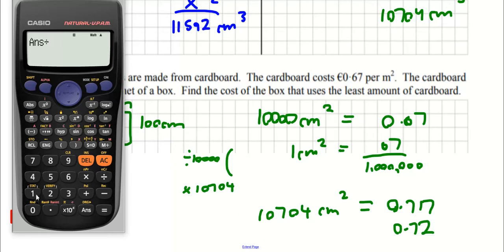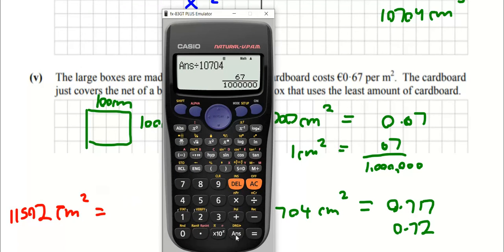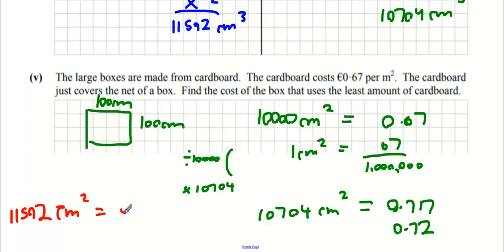I'm going to divide this by 10,704. That tells me the cost of 1 centimeter squared. Now I'm going to multiply by 11,592 here, equals 77.66 cents. So 0.777, which is 0.78 cent.